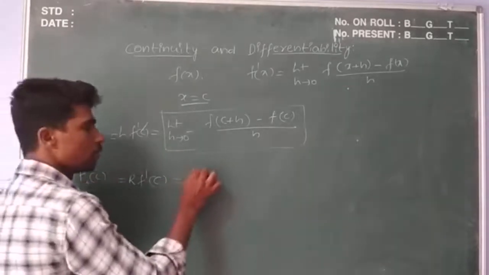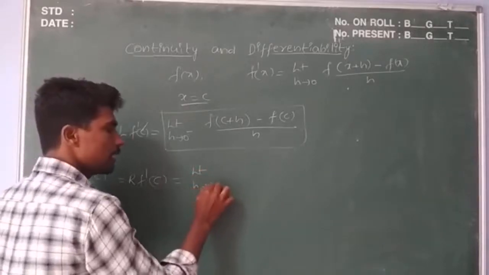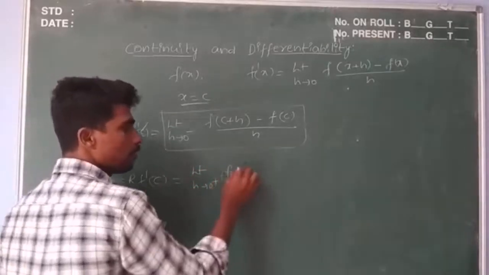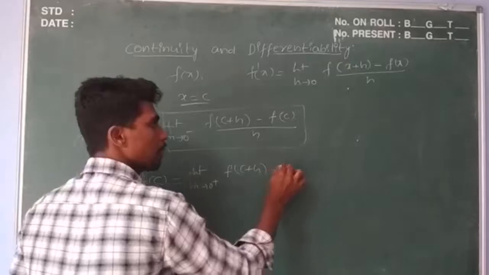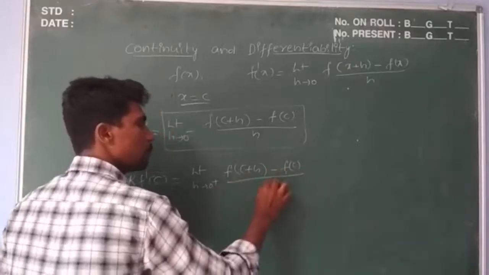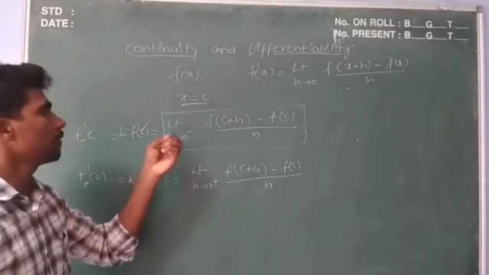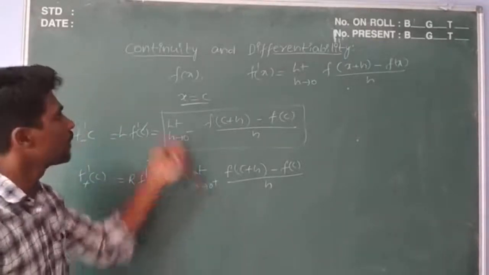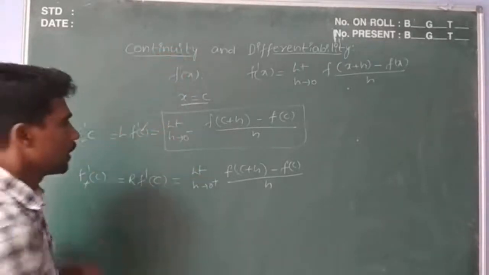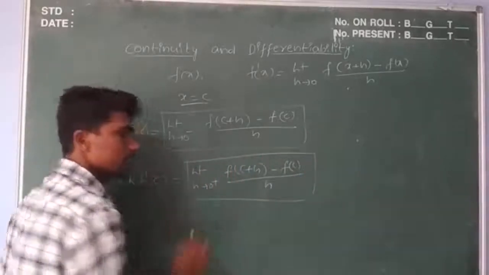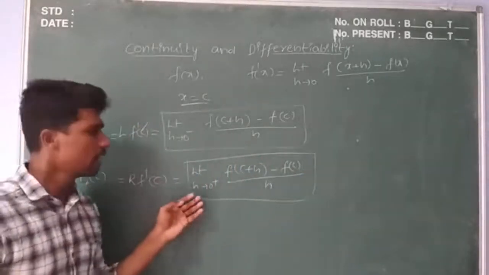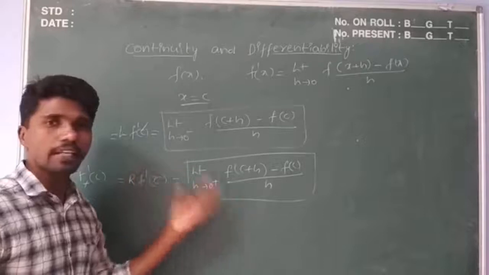Which is equal to limit h tending to 0 plus, f of c plus h minus f of c by h. We say the right derivative of the given function exists if the limit exists.